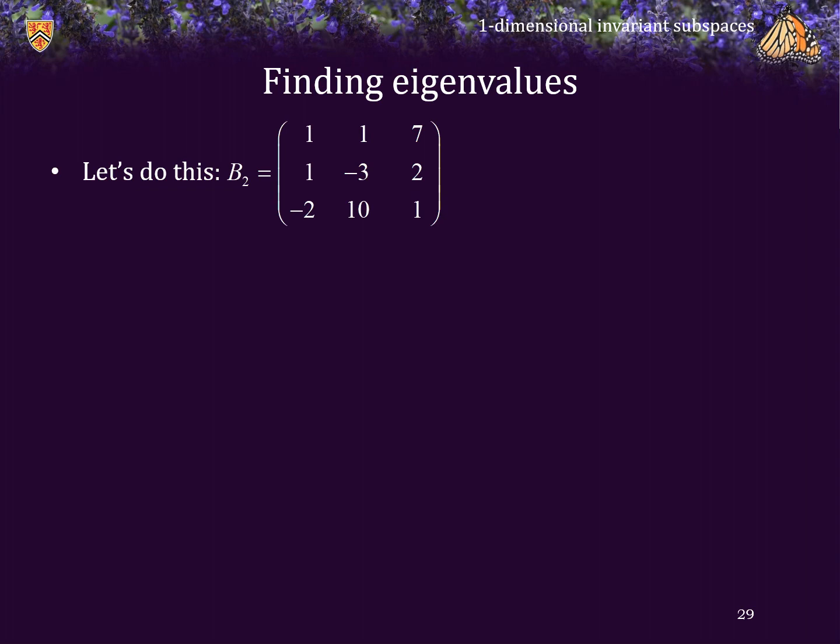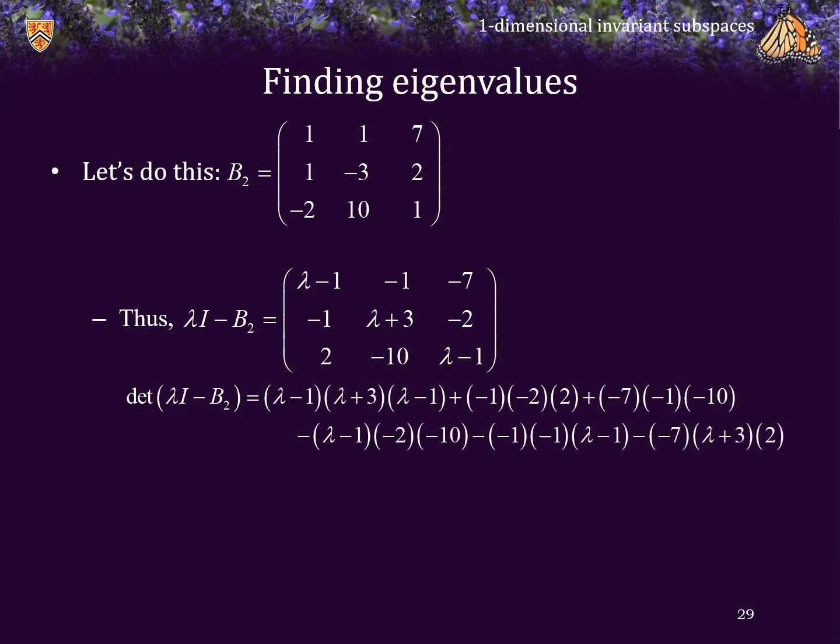Let's do this again with this 3 by 3 matrix. Again, lambda times the 3 by 3 identity matrix minus this matrix gives us the matrix we see here, and taking the determinant of this, we get this large unwieldy expression.